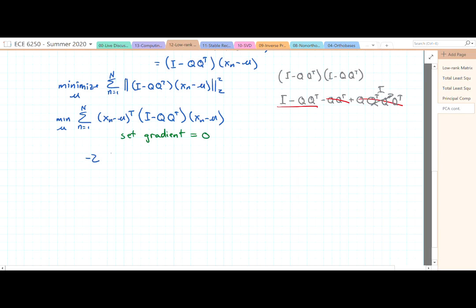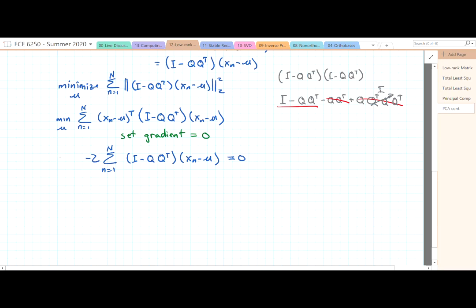So we get this negative sign that comes out front. We still have our sum to worry about, (I minus Q Q transpose)(x_n minus mu). And that's equal to 0.